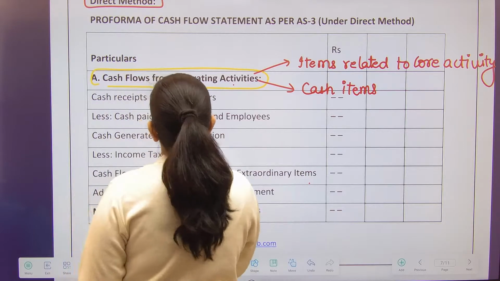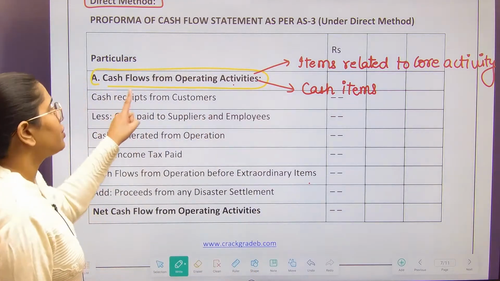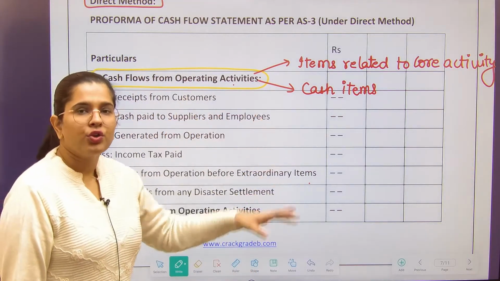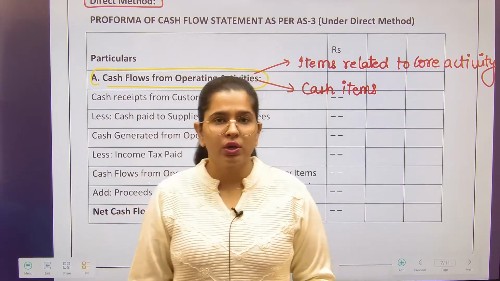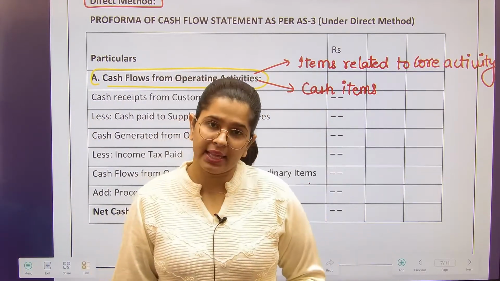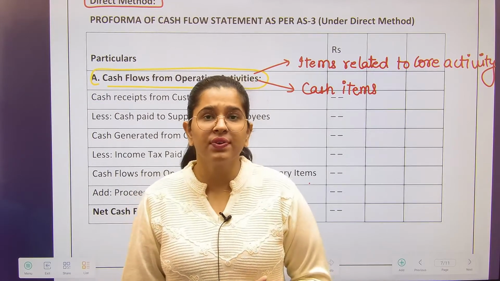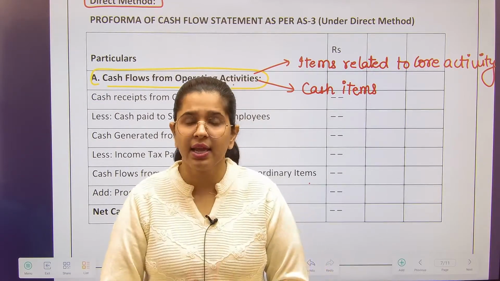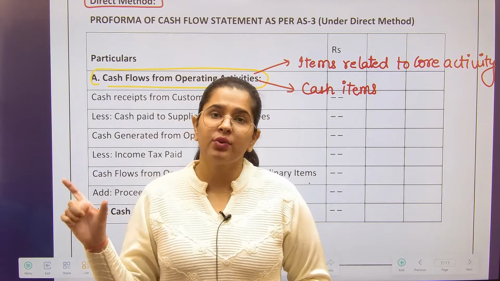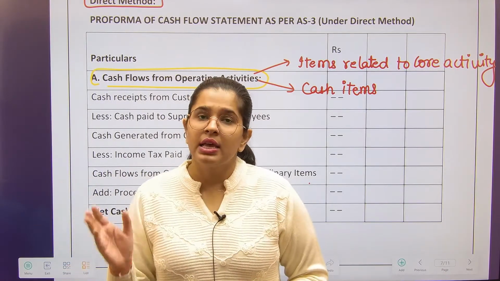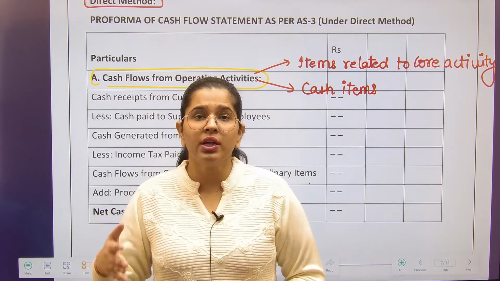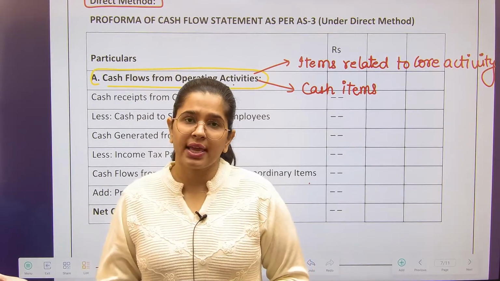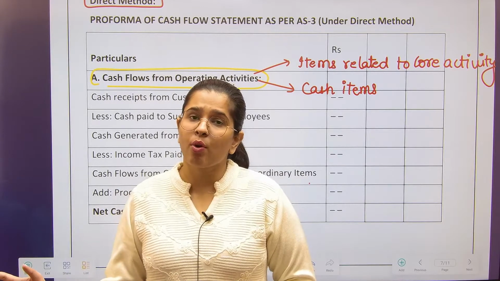See, cash receipt from customers. You have sold the goods, right? Once you sold the goods, you get sales. But it is not necessary that you receive the whole sales figure in cash. Some amount you receive in cash, that is your cash sales. Some amount is there in your balance sheet in the form of debtors.